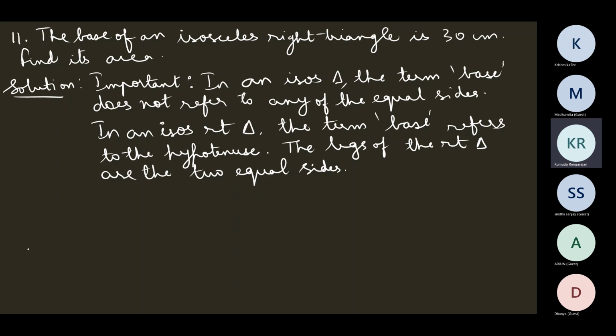So in an isosceles right triangle, the base is the hypotenuse. And the two equal sides are the two legs.